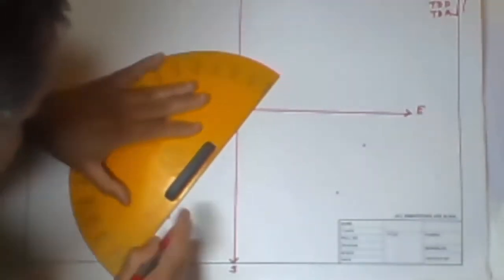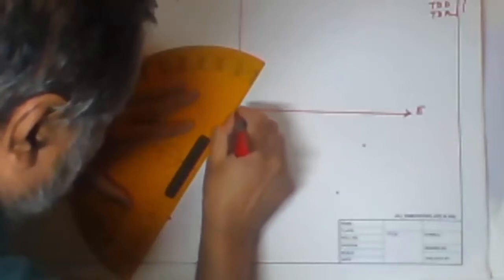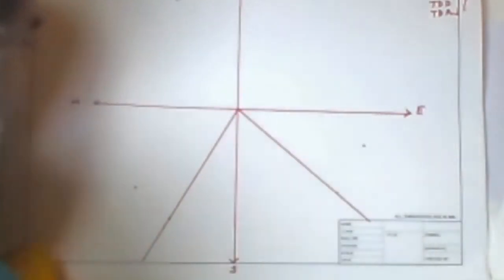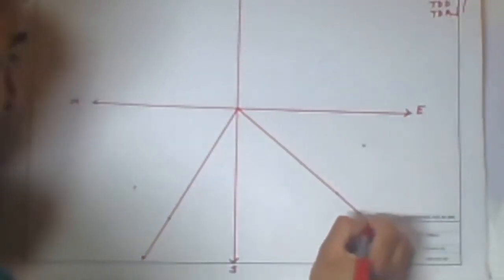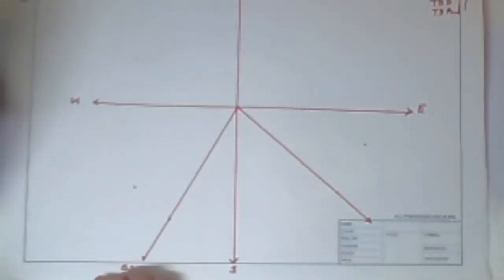Now, join these 2 points on the center. This is what we have got, south 30 degree west.